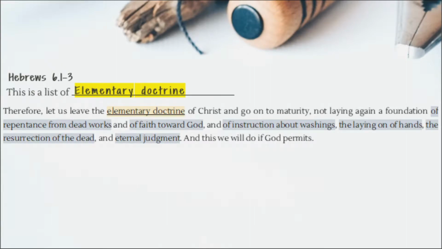Oh, that's cheeky. Therefore... It's like, now I see. Oh, dang it. Therefore, let us leave the elementary doctrine. And then there's a list of things that are included in the elementary doctrine, saying leave it and go on to maturity, not laying again a foundation of, and then it gives you this list.